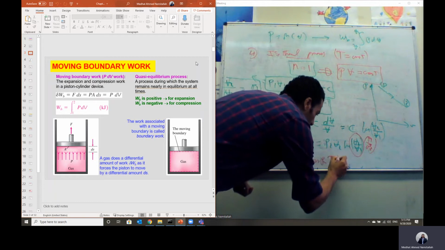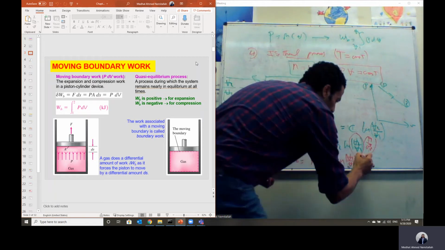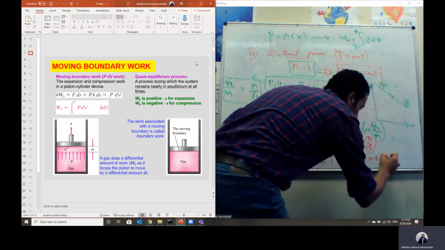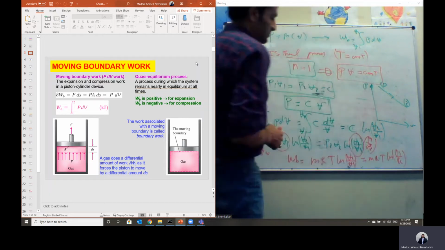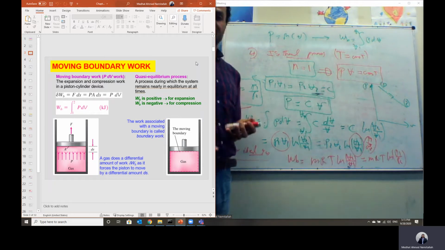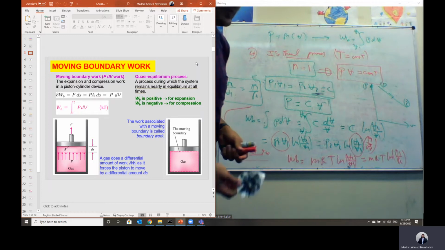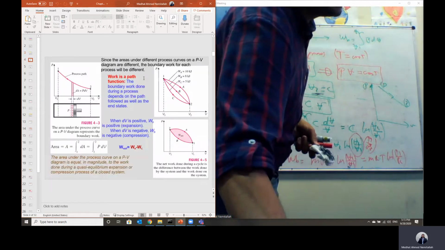So it will equal mRT multiplied by ln V2 over V1, or mRT ln P1 over P2. And by this, we can calculate the boundary work when we have an isothermal process. Okay?